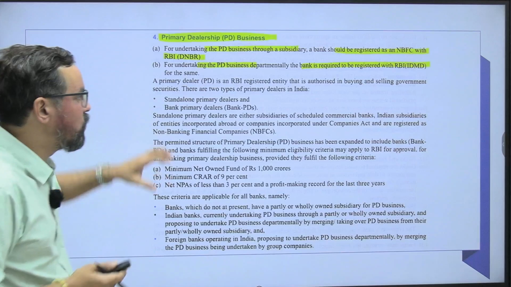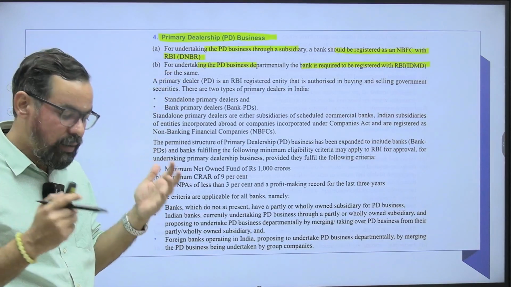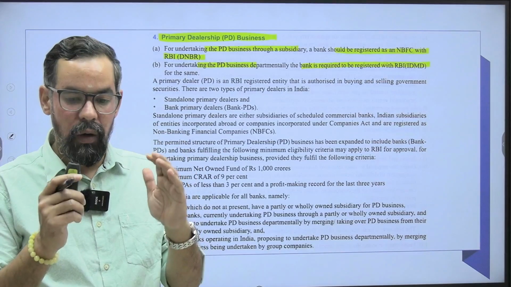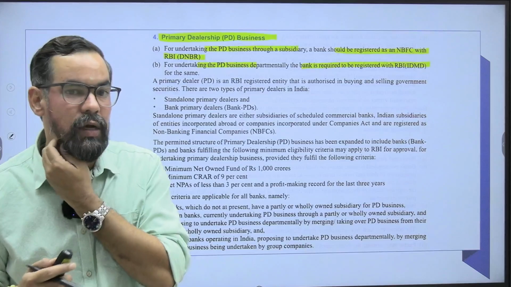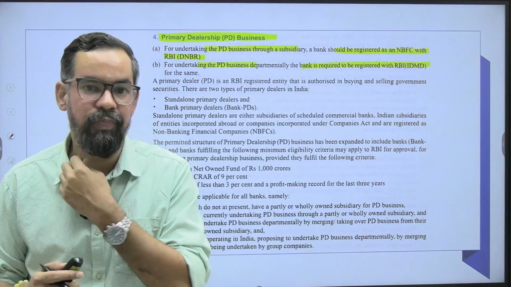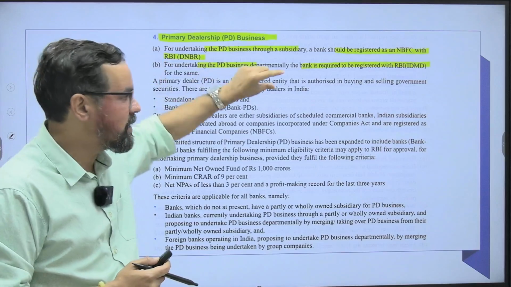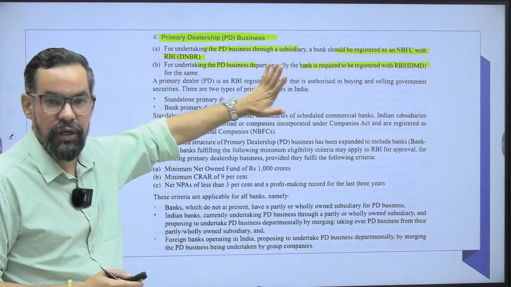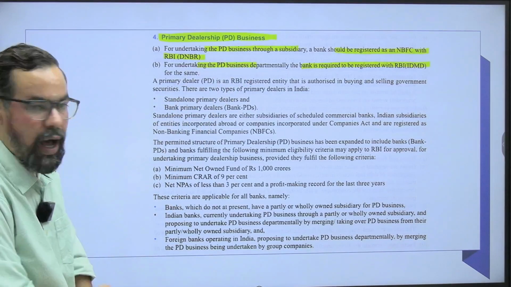So in both cases, a bank can run primary dealership in two ways. One is they can establish a subsidiary and register it as a non-bank finance company, which will be registered under the Companies Act. The other is if they want to run it departmentally, as a bank PD, then they have to take a certification from the RBI itself.